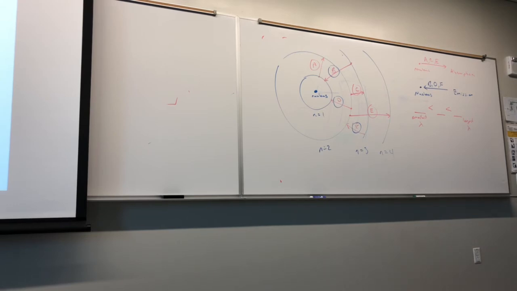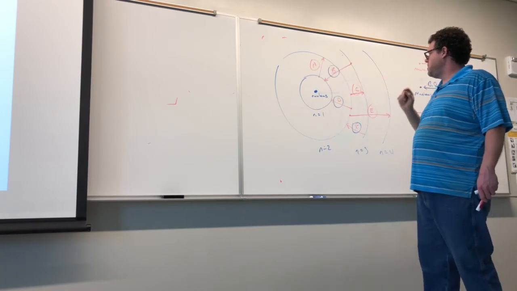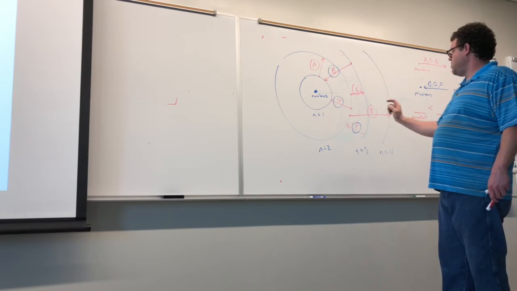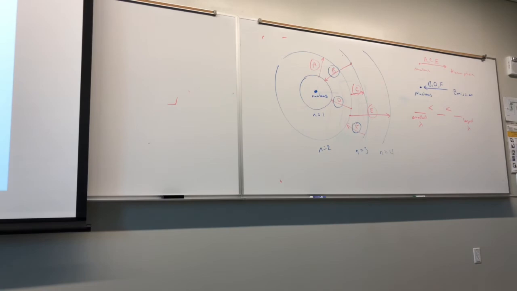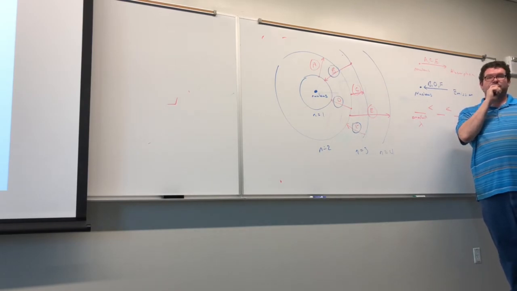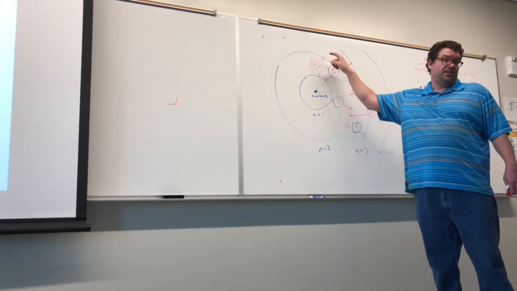Okay. So you've got a transition here going from 1 to 2. This one's going from 2 to 3. And this one is going from 3 to 4. So which one of those would have the most energy associated with it? Isn't it the greatest distance? Right. So between 1 and 2 is the greatest distance.